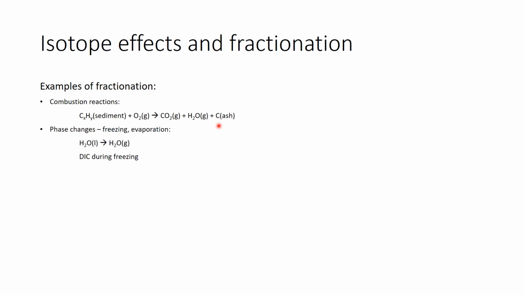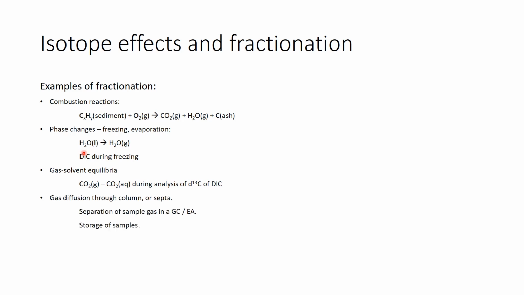In phase changes, like evaporation, the heavy isotope will stay in the liquid phase. The same is true for gas-solvent equilibria, like carbon dioxide mixing in water. But it can also be more physical events like gas diffusion through a column or a septa.